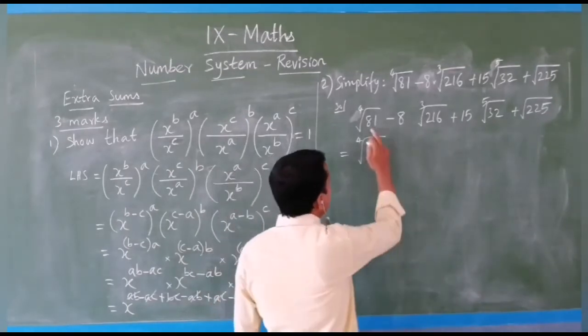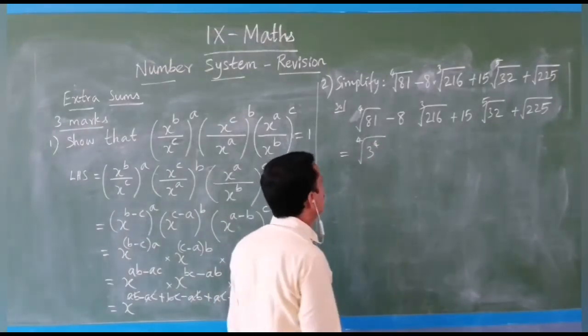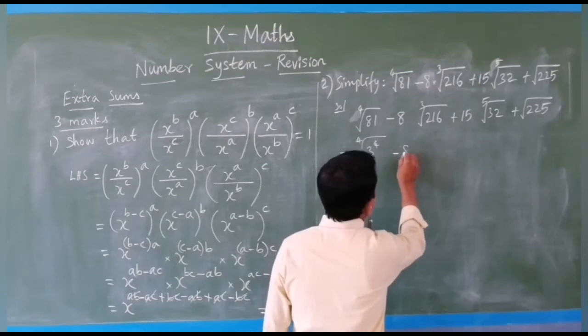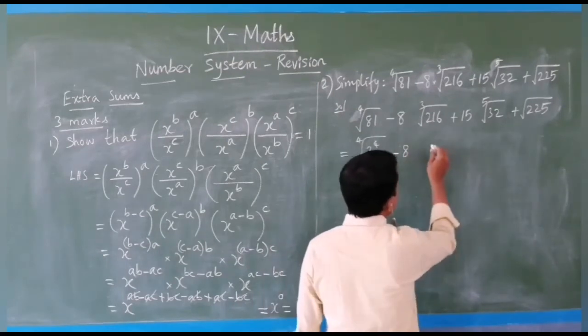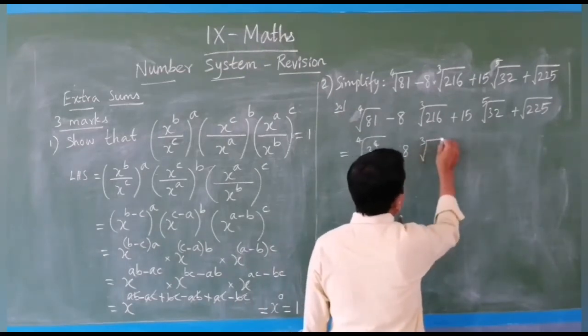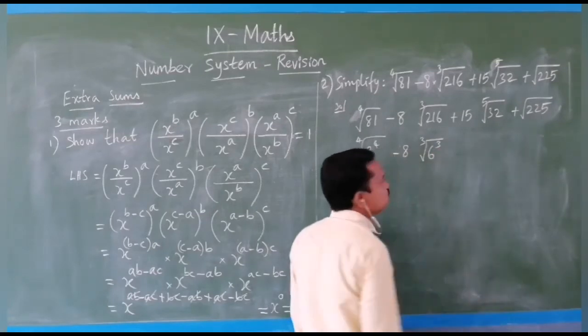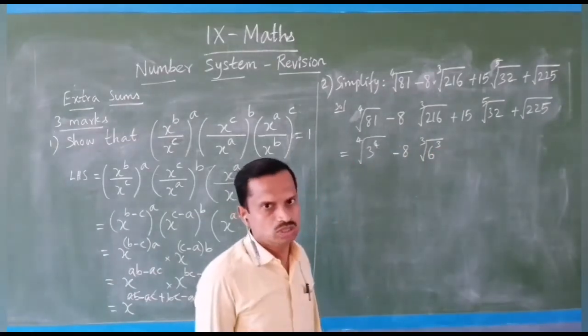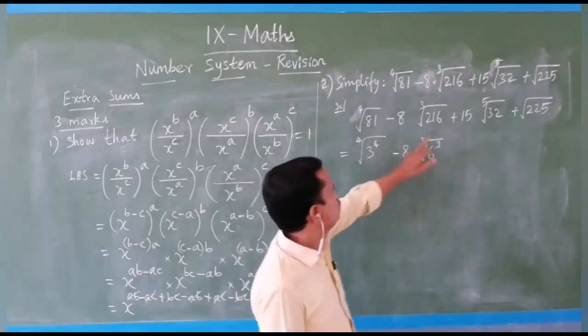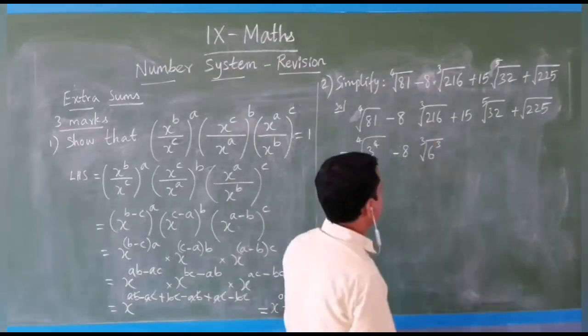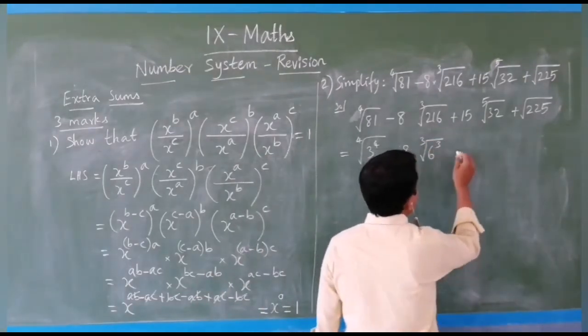So 81 I have converted as 3 to the power 4, and then minus 8 into cube root of 216, that is cube root of 6 cube. 216 is nothing but 6 cube, 6 into 6 into 6 gives 216.